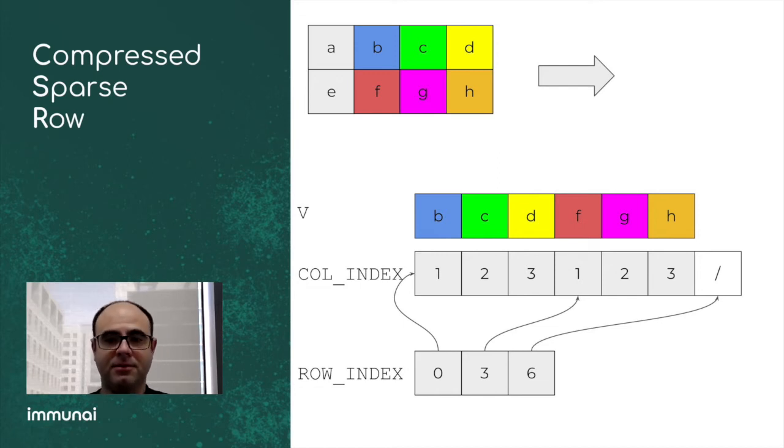And there is no third row, but in order to make some edge conditions work, we also need to store the last element in the index, which is not actually an element in itself. So we store 6 because this array only has 6 elements. It's actually pointing at the end of the V and column index arrays.